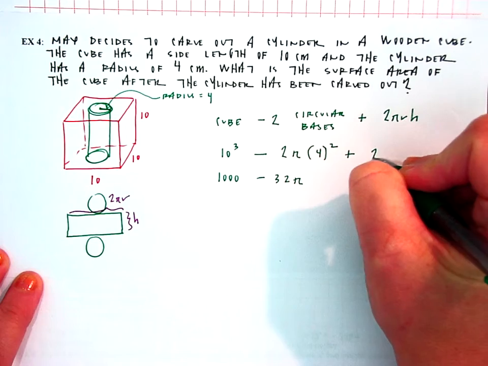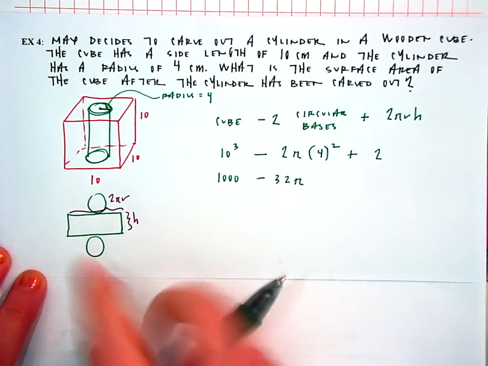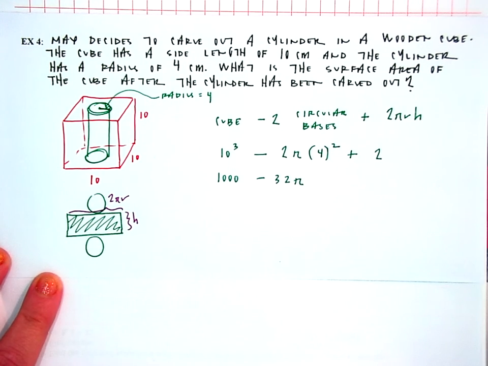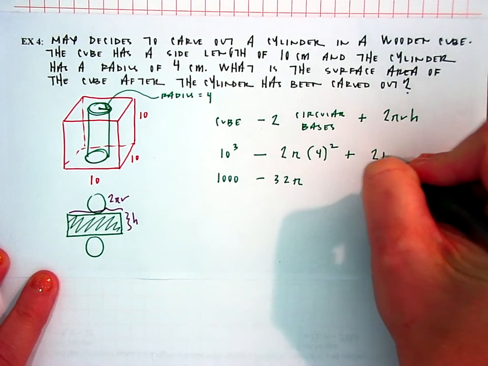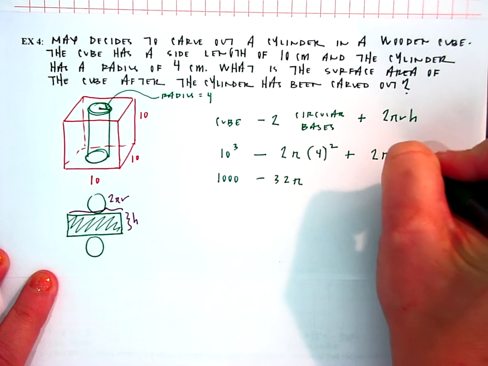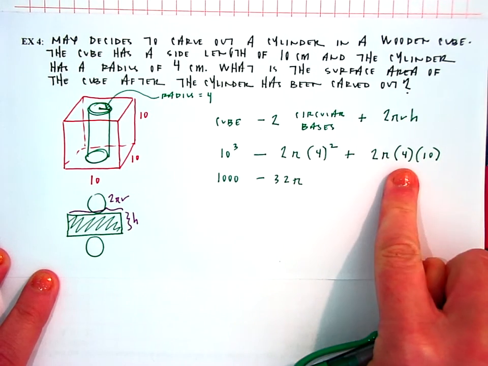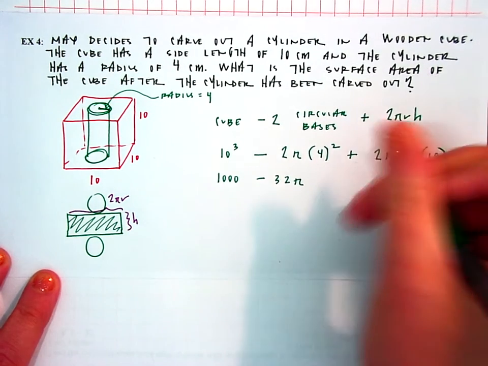Add back in this part, shade it in right there. I'm going to add back in that lateral area, so my circumference times the height. So 2 pi, r is 4, height is 10. Here I have 2 times 4, that's 8, times 10 is 80 pi.